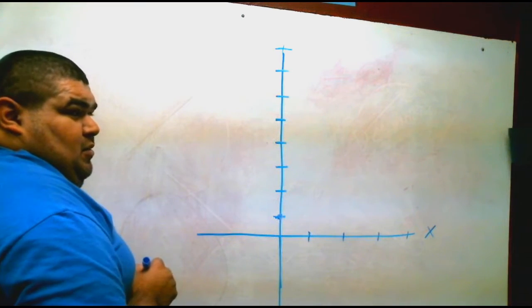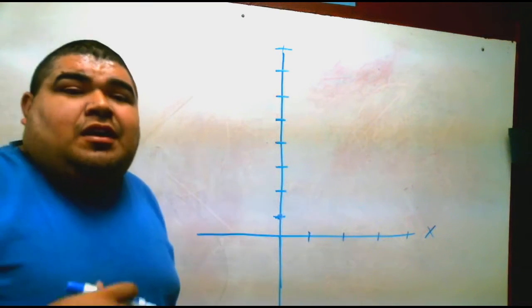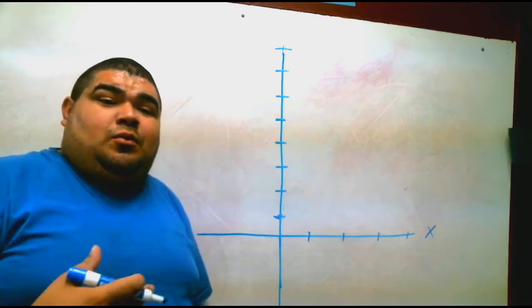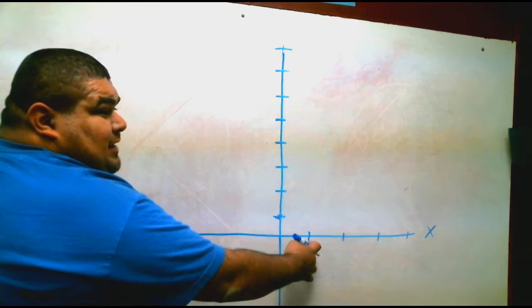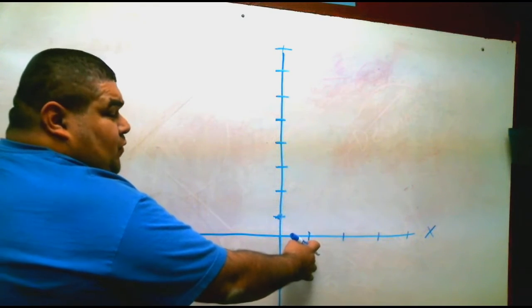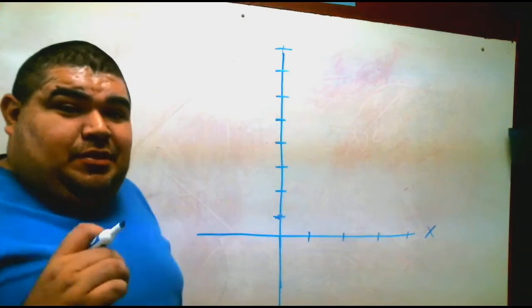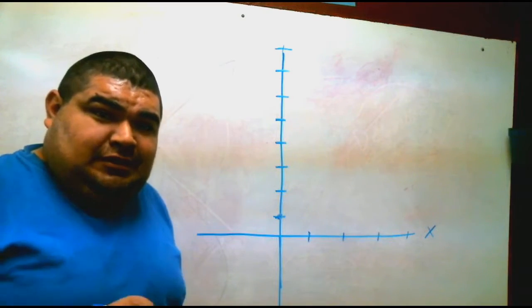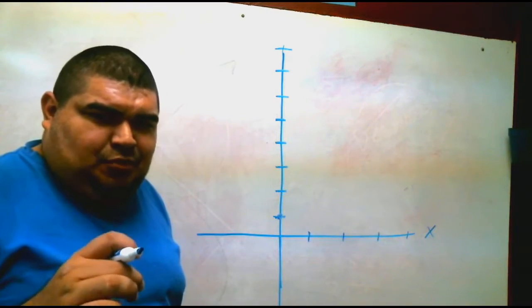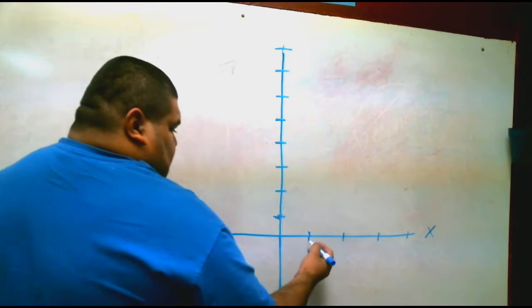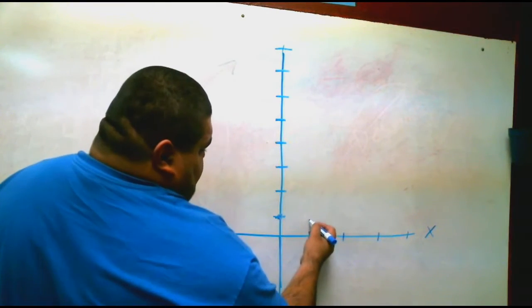Now, we're going to go on with our next one, which on the x-axis is 1, but our y-axis is 5.44. Okay? It's not going to be accurate 100% on your graph unless you go by every decimal point, should I say? So we're going to go 1, and then you know every other one is 2.